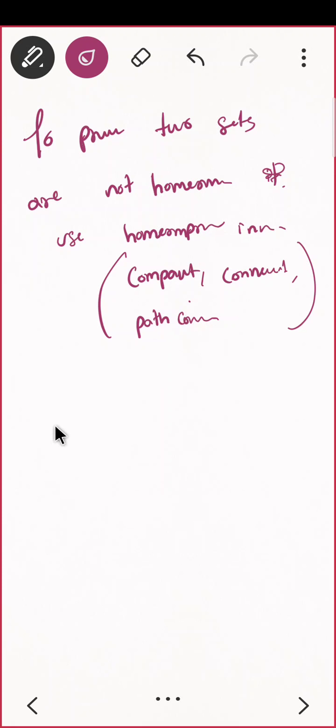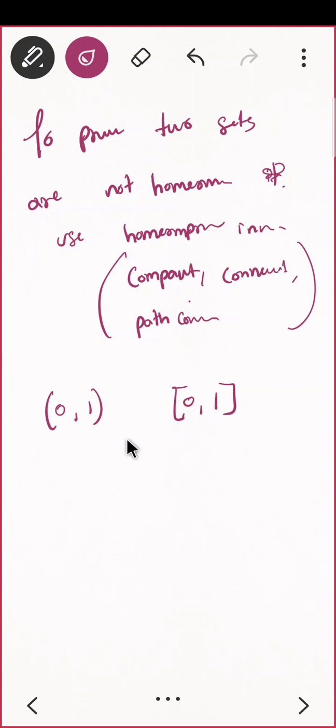Okay, so whether the open interval (0,1) and the closed interval [0,1] are homeomorphic, what can you say? Whether these two sets are homeomorphic.